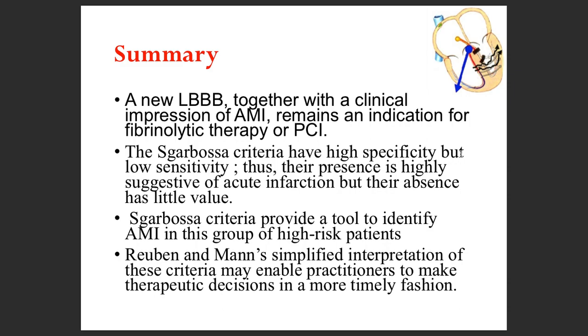Okay, someone is able to recall all those things. Good. There's also a modified version of Sgarbossa's criteria, in which they do away with the scoring and the discordance to make it simpler. But Sgarbossa criteria, whenever in practice you come across this, always apply that.